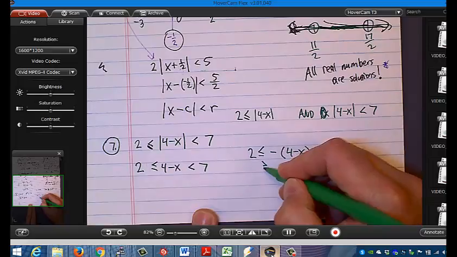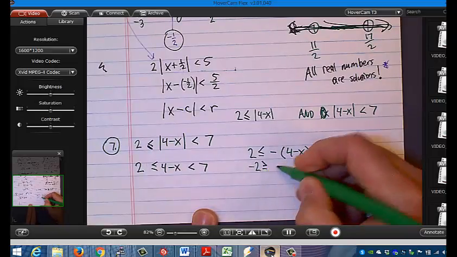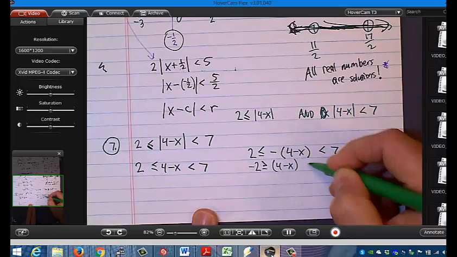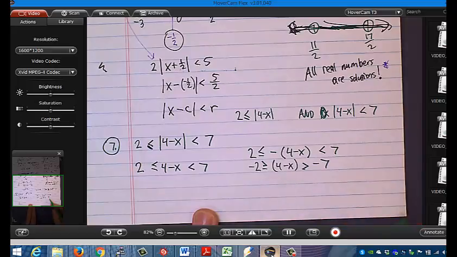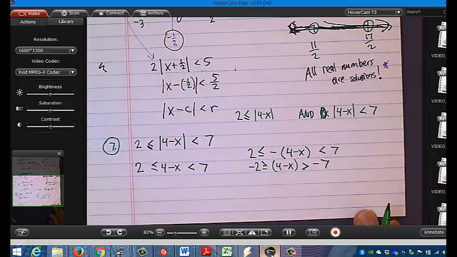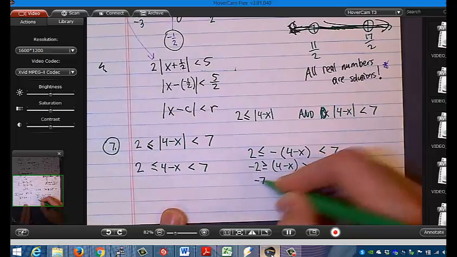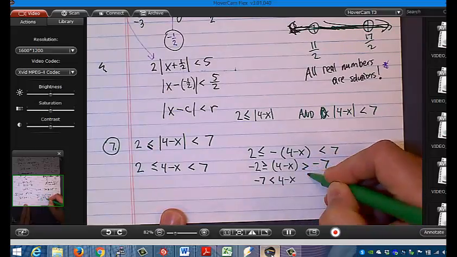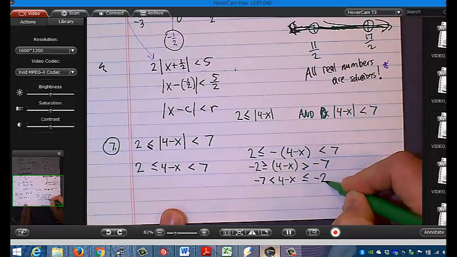You could do it this way. It would be 4 minus x. I don't need those parentheses anymore. So now it's negative 2 and negative 7. But the way that people usually write triple inequalities is we like to go smallest to biggest. So negative 7 is less than 4 minus x, and that's less than or equal to negative 2.